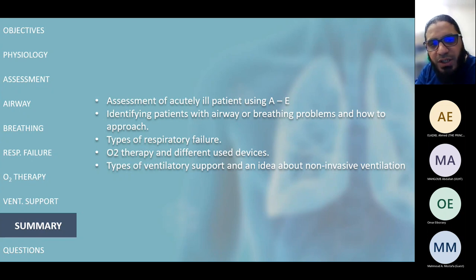I've spoken about the different types of respiratory failure, the causes, and how to manage different devices that can be used in oxygen therapy, the limitation of each, and the advantages and disadvantages, and a brief idea about the ventilatory support, and specifically about the non-invasive ventilation, different types, and what are the indications and complications of these.